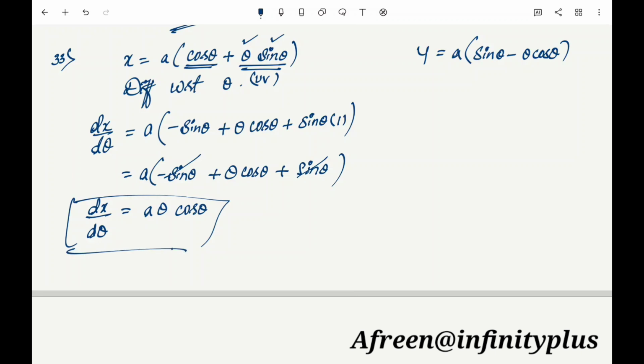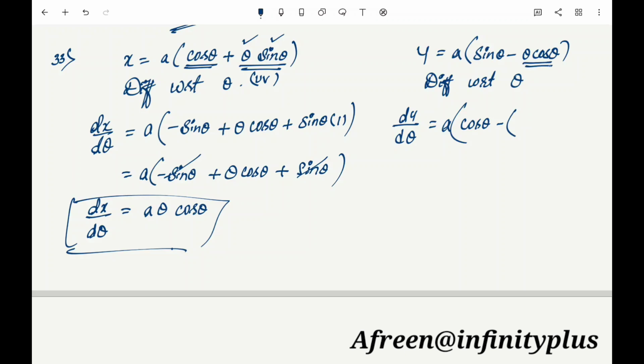Next, let's move to solve dy by d theta. Now differentiate this y with respect to theta. So this will become dy by d theta, which is equal to a, a is a constant which will remain as it is. Sin theta differentiation we will be having as cos theta minus, since minus is there, I am opening one more bracket.